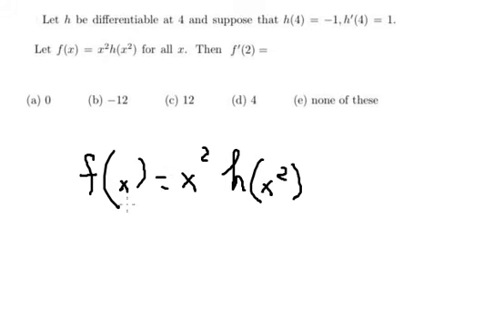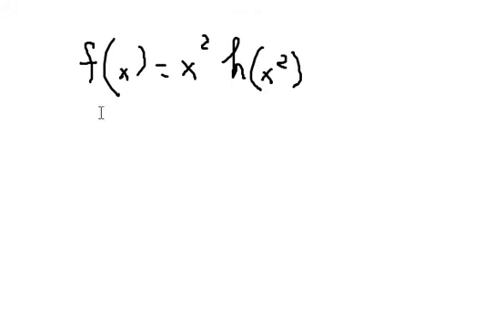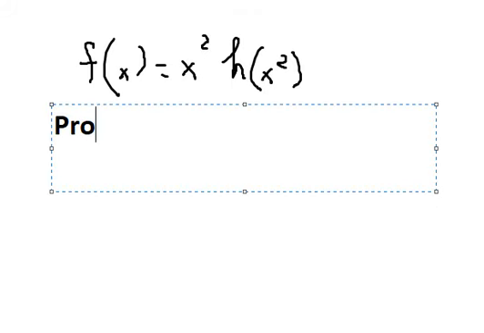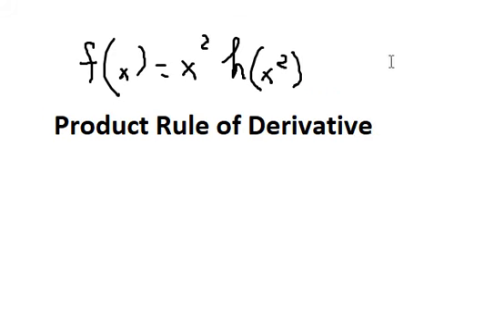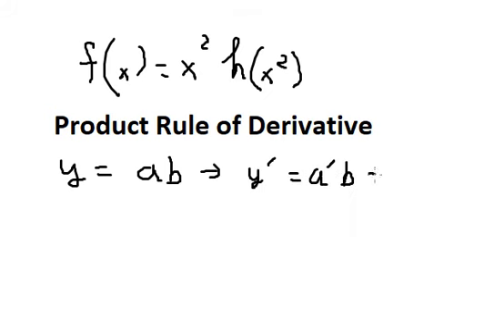Now, if we do first the derivative of the function, we need to apply the product rule of the derivative. That means if we have y equal to ab, if we do first the derivative, you do first the derivative of a multiplied by b. Later that we do first the derivative of b multiplied by a.